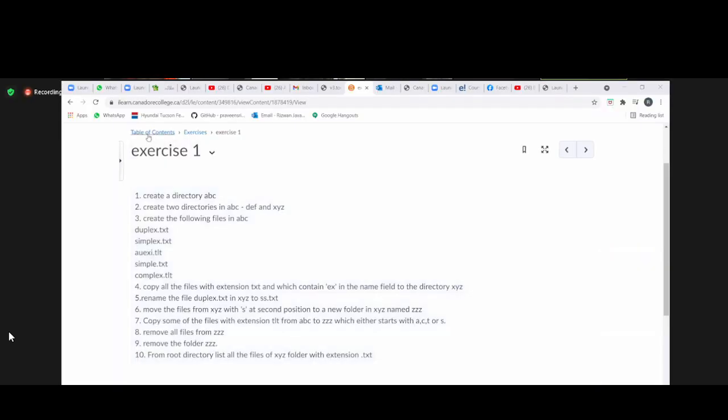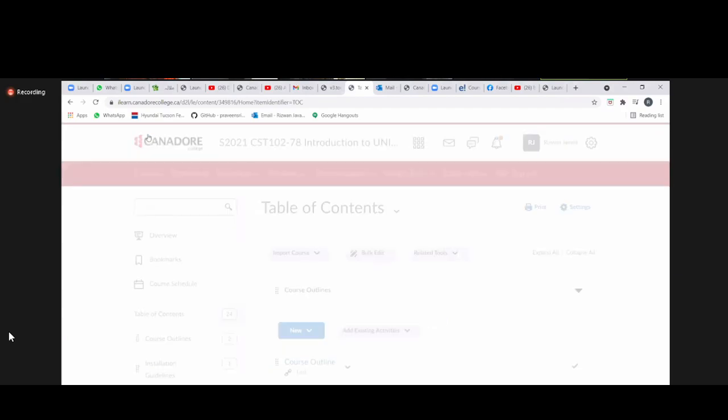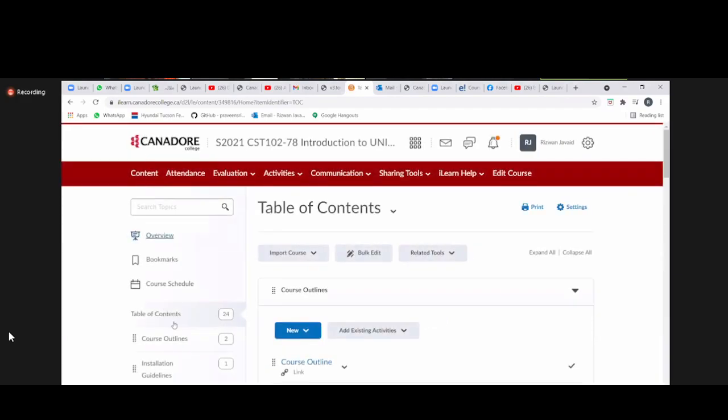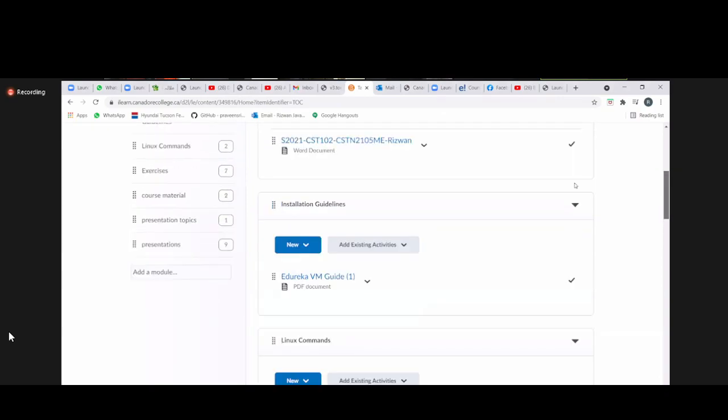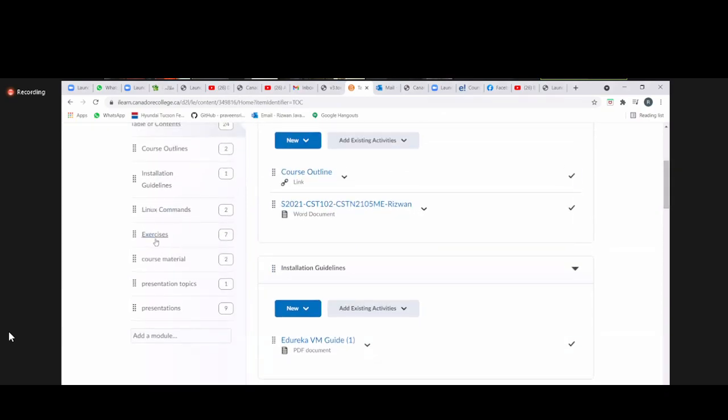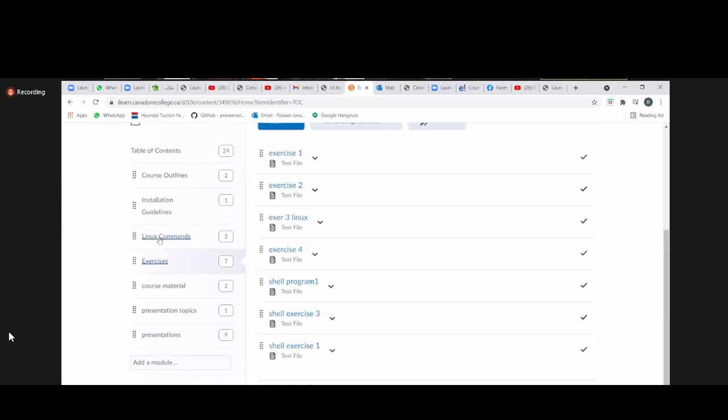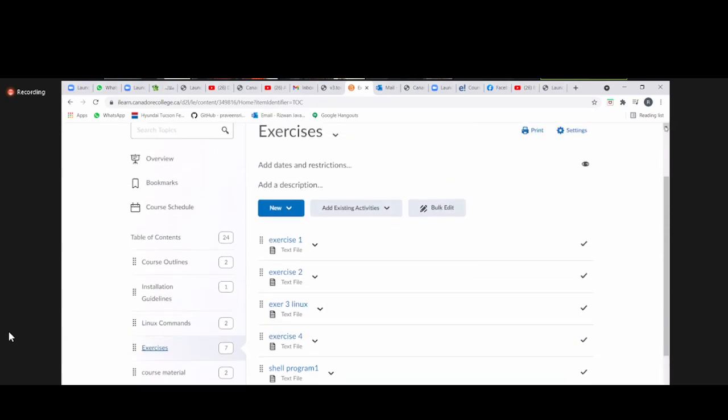You can go to the D12. On the left side you can see exercises. Click on exercises, and then click on exercise.